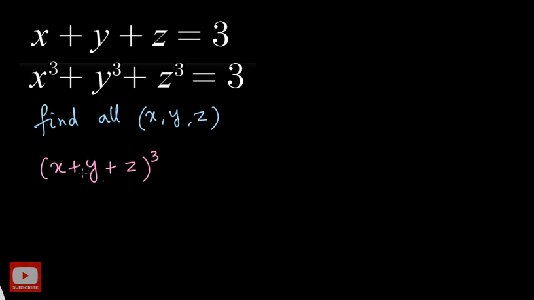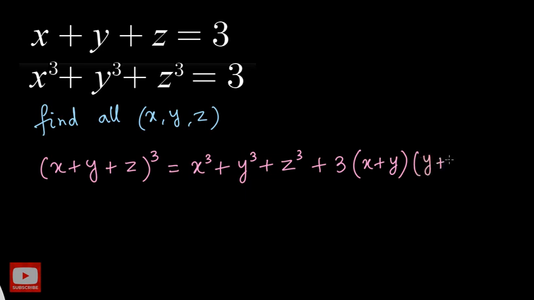So x plus y plus z the whole cube is equal to x cube plus y cube plus z cube, plus some more terms, that is 3 times x plus y, times y plus z, times z plus x. Okay, so this is the identity for x plus y plus z the whole cube.